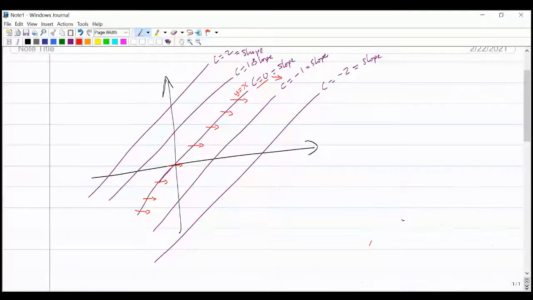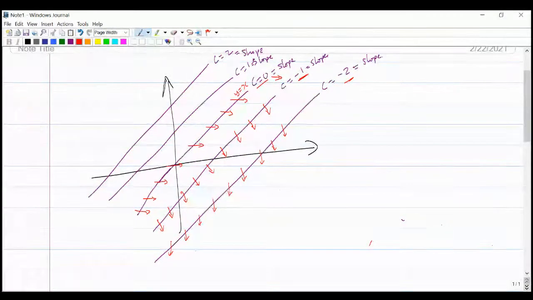Along this isocline, the slope is minus 1, so I have this orientation here. Then along this one it is minus 2, so it's a bit sort of going towards the y-axis, a slightly different orientation. All right. So I have these 3 isoclines.